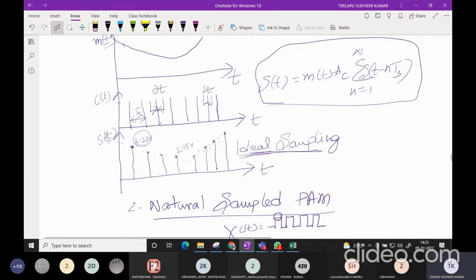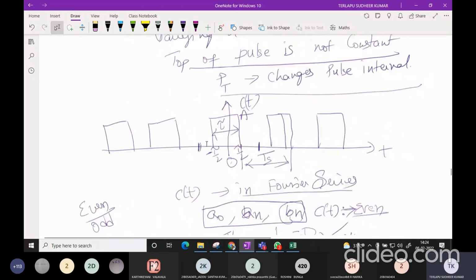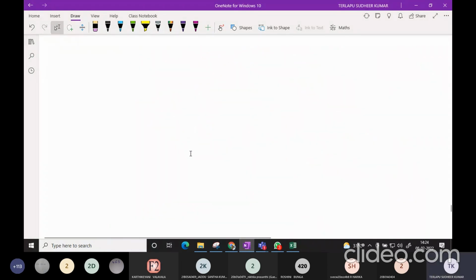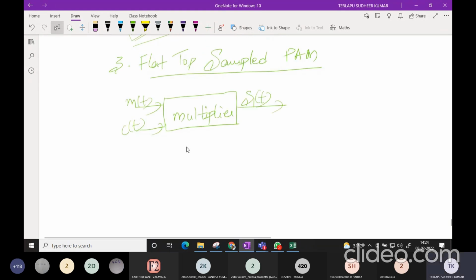So this signal we are considering as S1 of t. S1 of t is the ideal sampled signal.